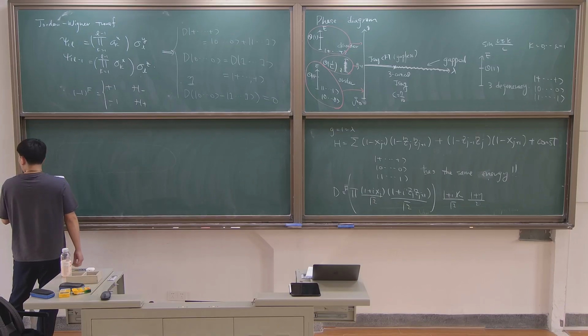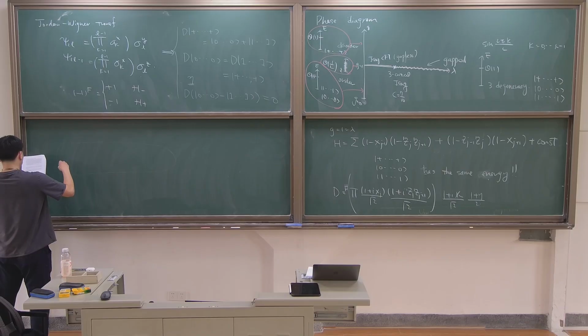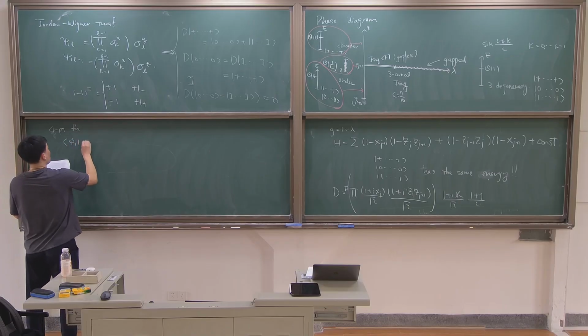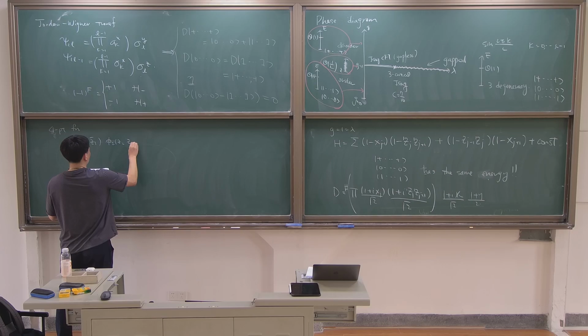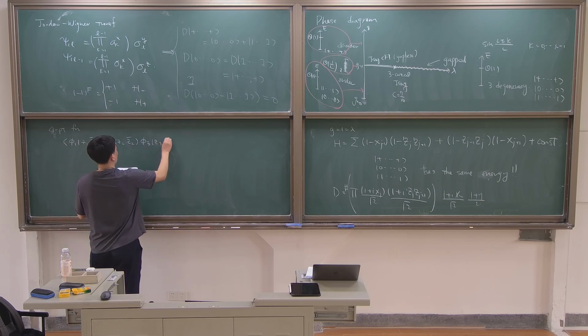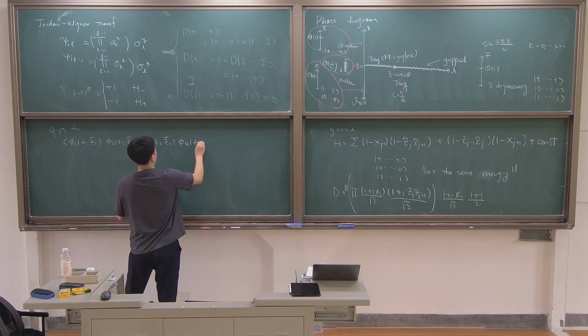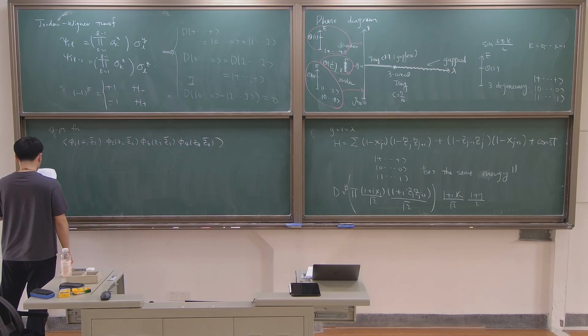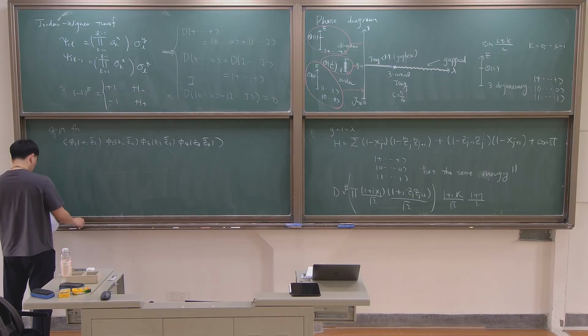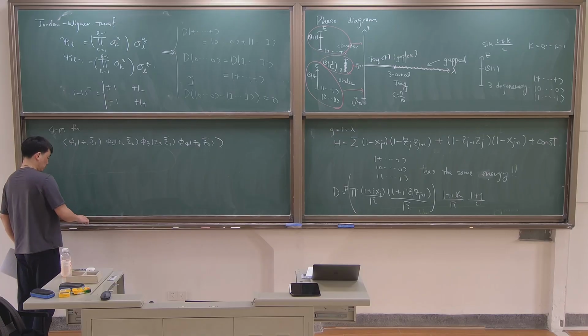If you consider the correlation function, the 4-point function, we can set z1 to be 1.